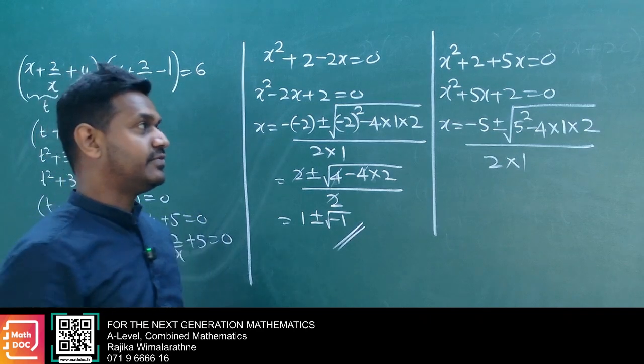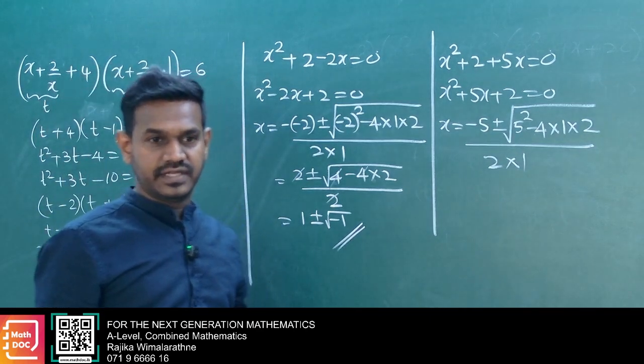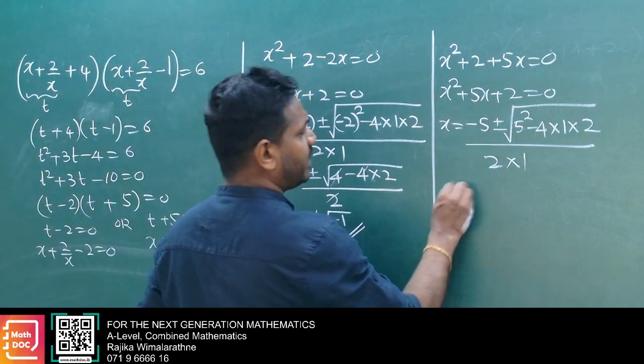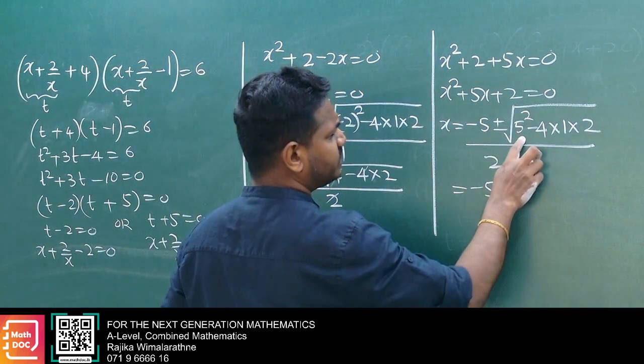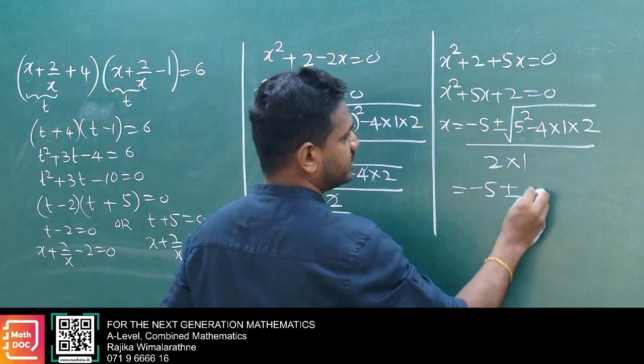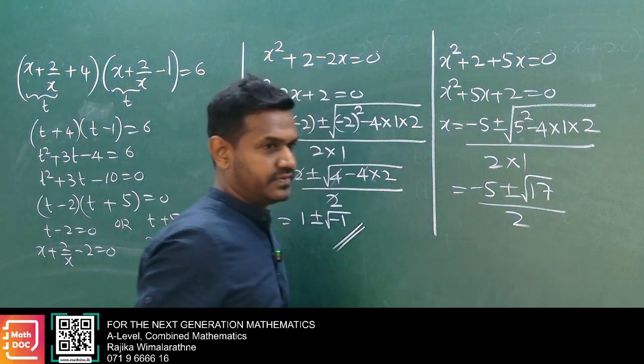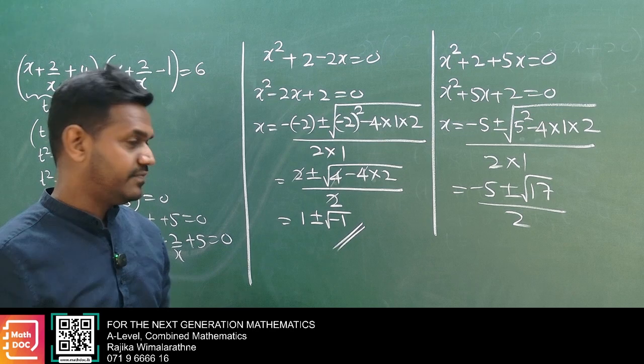You practice the formula. If we don't have any factors, you better use the formula. Then minus 5 plus or minus root of 25 minus 8, 17, divided by 2. Check it.